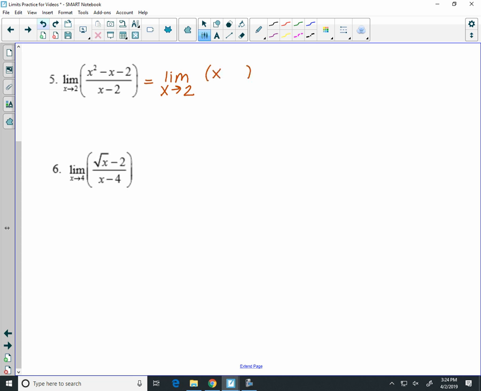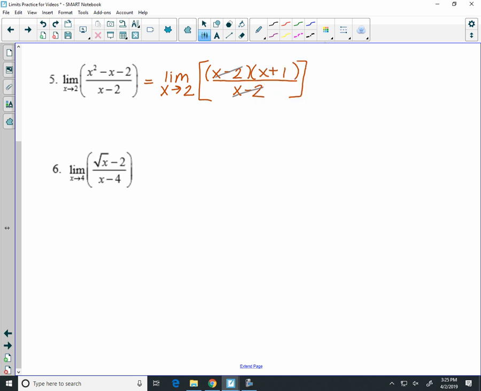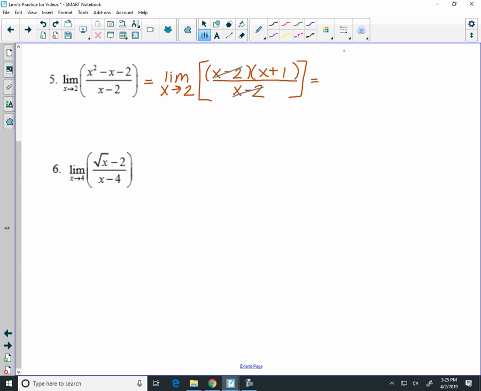So that's going to be x minus 2 and x plus 1. That allows me to cancel that x minus 2 in the denominator. So I'm basically factoring and canceling myself into being able to take the limit.